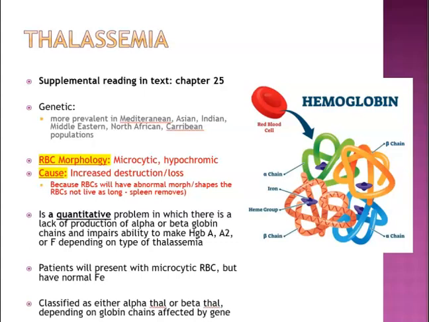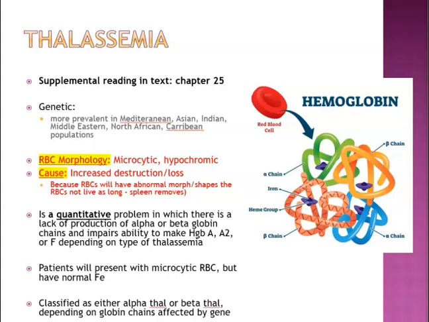So this is different than the hemoglobinopathies that we talked about in part 1, because in the hemoglobinopathies, there was just something wrong with the structure of the globin chains. One amino acid was exchanged for another amino acid on the chain, so there was a structure problem. So it was a qualitative problem.